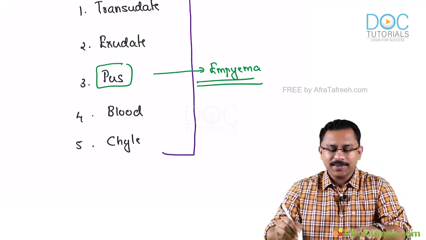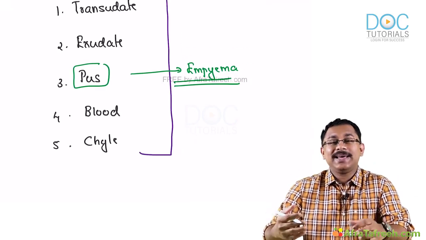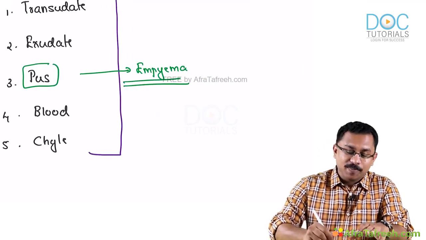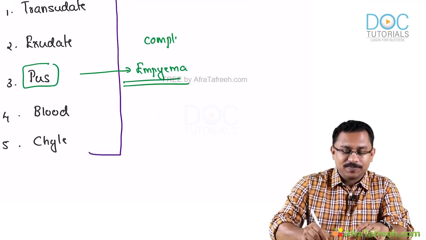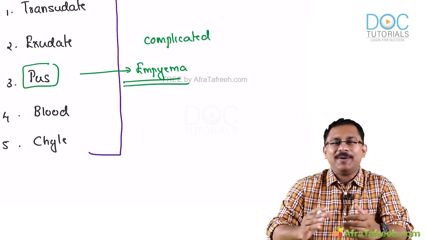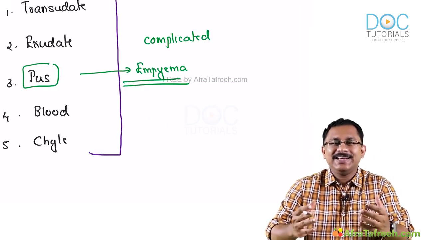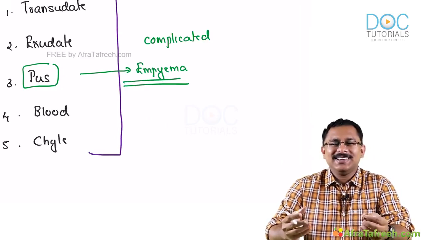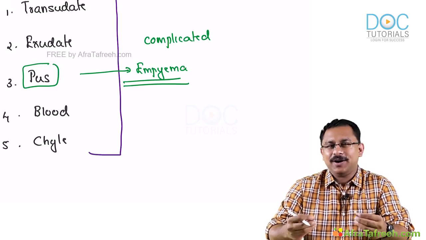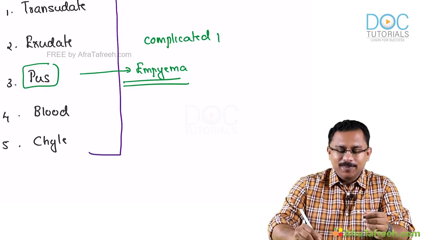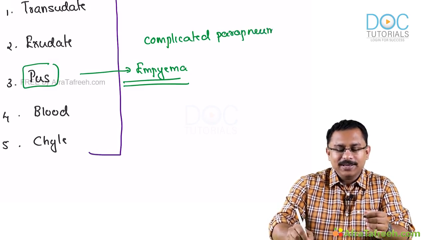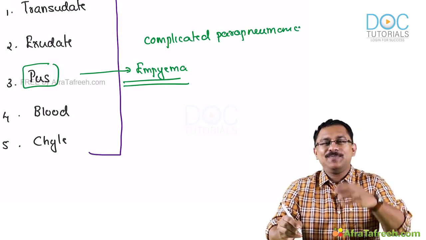a parapneumonic effusion. What can happen is that there can be the development of a complicated parapneumonic effusion, because normally your parapneumonic effusion is relatively sterile fluid because it is not having an organism. So there can be a complicated parapneumonic effusion where you can have this fluid getting infected.